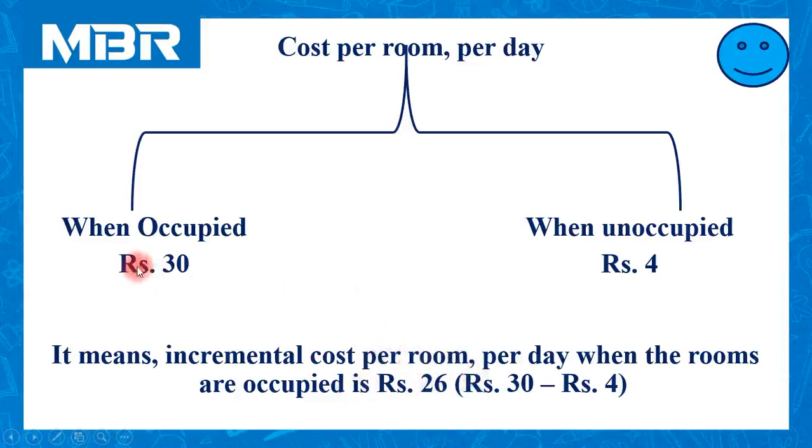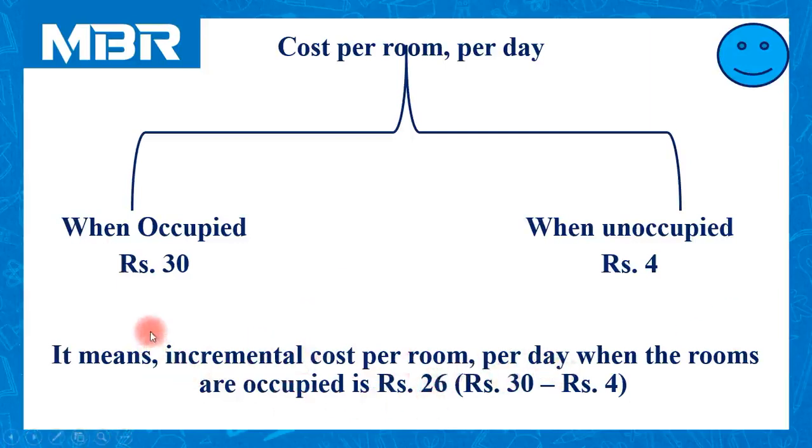It means what? When rooms are occupied, we have to pay 30. When rooms are unoccupied, we have to pay rupees 4. It means rupees 4 is the expenditure irrespective of the occupancy. So when rooms are occupied, we incur a cost of rupees 30, and when rooms are unoccupied, we pay expenditure of rupees 4. It means that when the rooms are actually occupied, we are supposed to pay an additional rupees 26 per room per day.